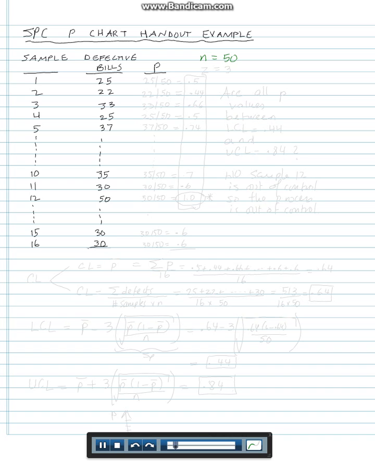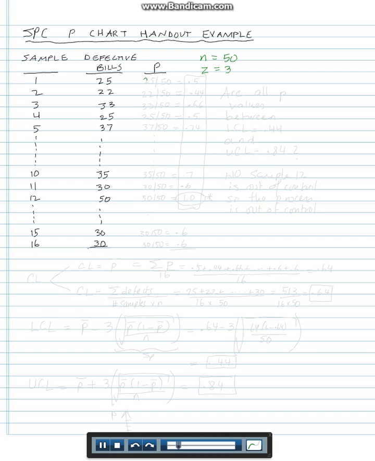So that's a sample size, and then we're asked to use 3 sigma control limits, so z is equal to 3. And P stands for the proportion defective. How we calculate that is the number of defective bills divided by the sample size.